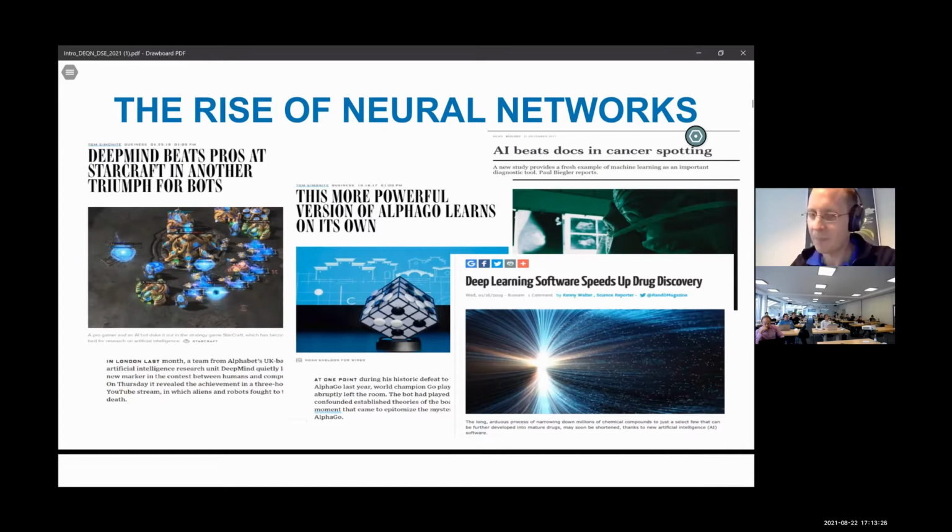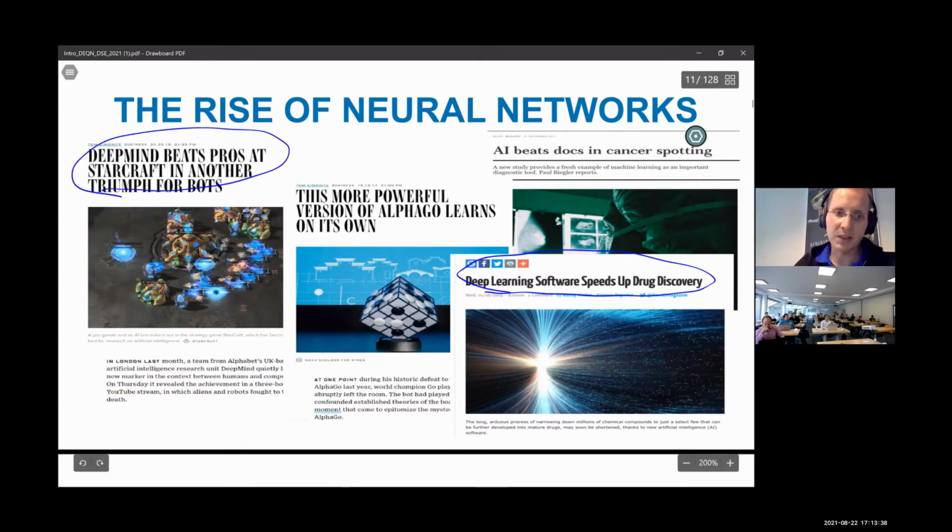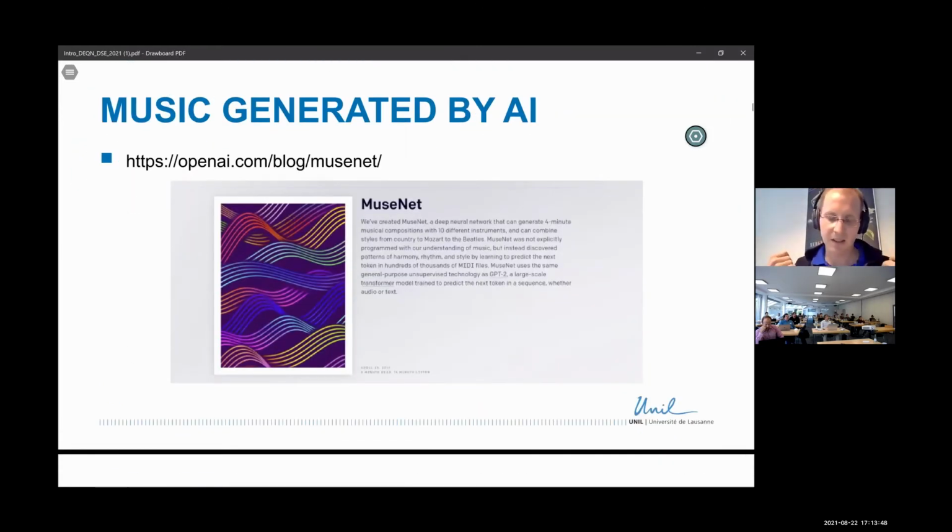I'm skipping these slides, but you have all read these headlines, right? Deep learning is useful in drug discovery. If you look at reinforcement learning, they train models that can outperform humans in video games, in Go, etc. Then, for instance, if you use a deep neural net, you can train it to generate music. It's actually pretty fun if you go to this web page.